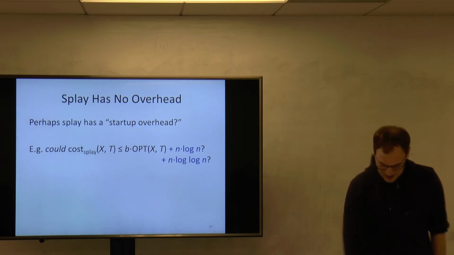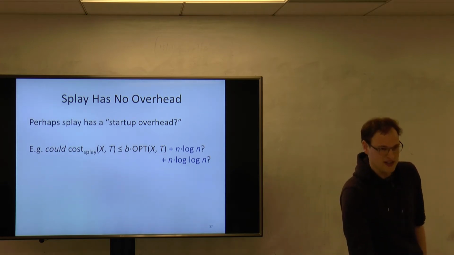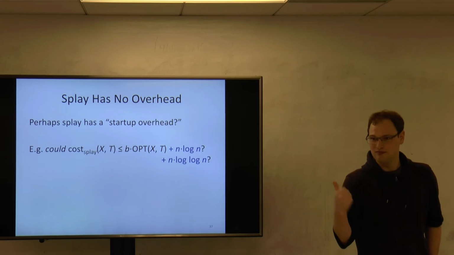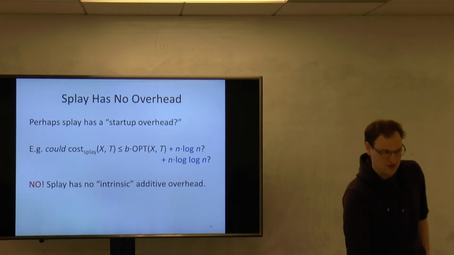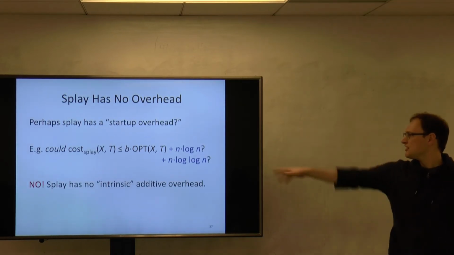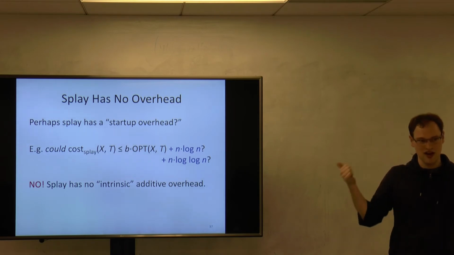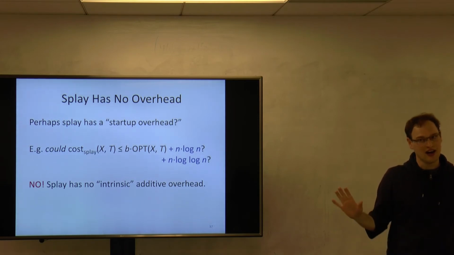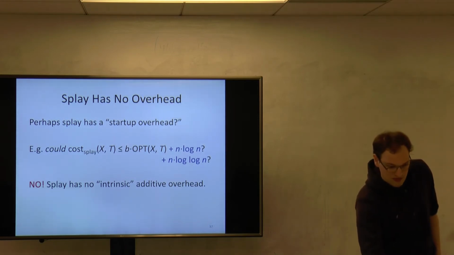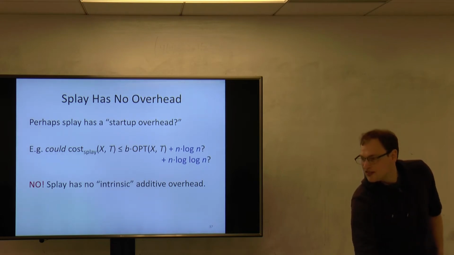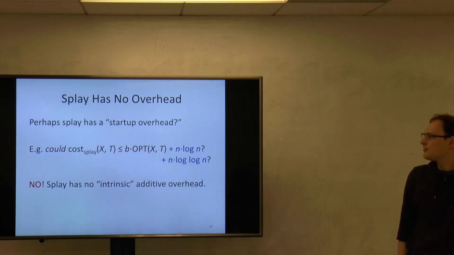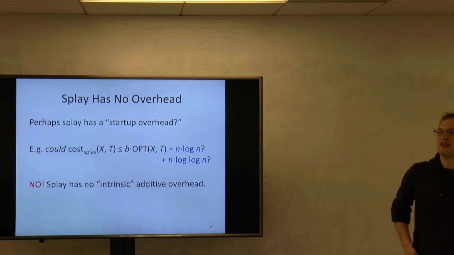But anyway, there are various reasons we might want to get rid of this. So can this happen? The answer is no. You can't have some non-trivial additive overhead like that. If the overhead were n or sublinear, it would immediately go away because you just make b plus 1 or something.